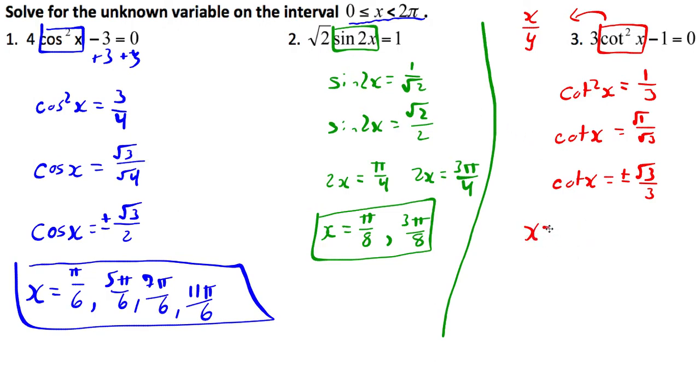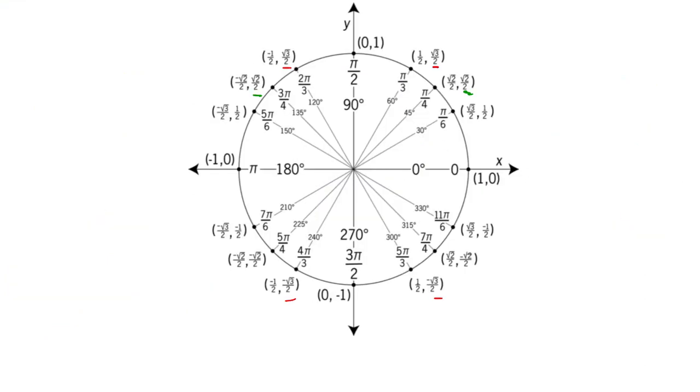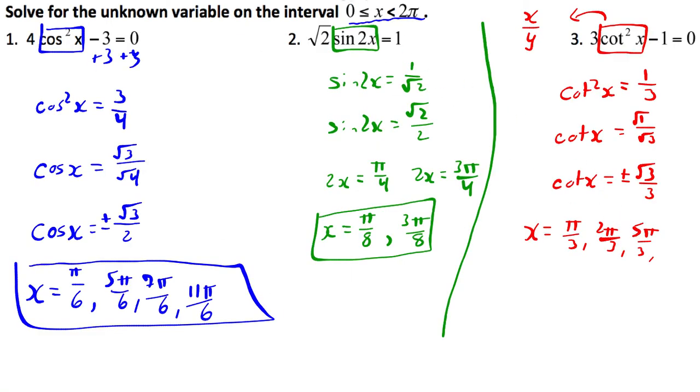So x is equal to pi over 3, 2 pi over 3, 5 pi over 3, and 4 pi over 3. I missed the 4 pi over 3.